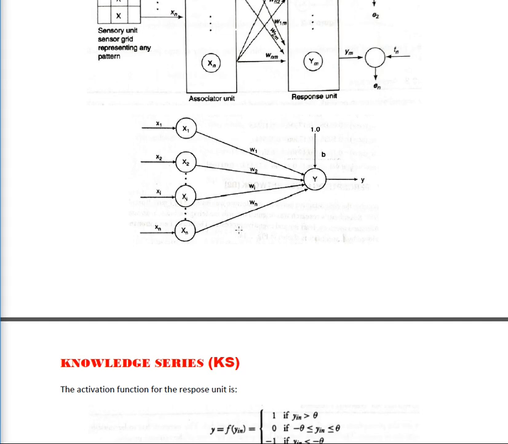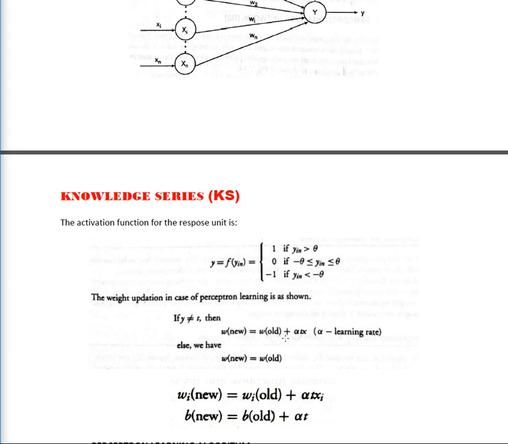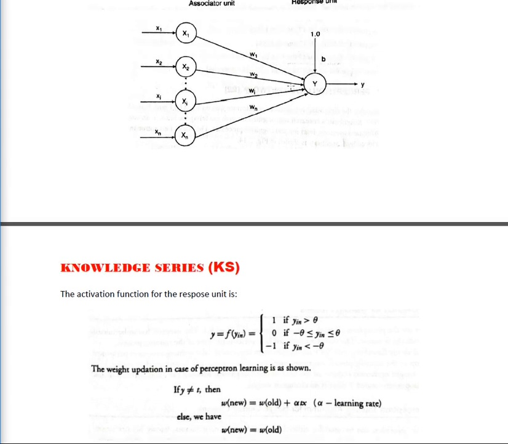Now how can you modify this weight? This modification of the weight is possible by two things. One is alpha, another is t. Alpha is nothing but the learning rate, because the system has to learn. That's how the weight is being adjusted.